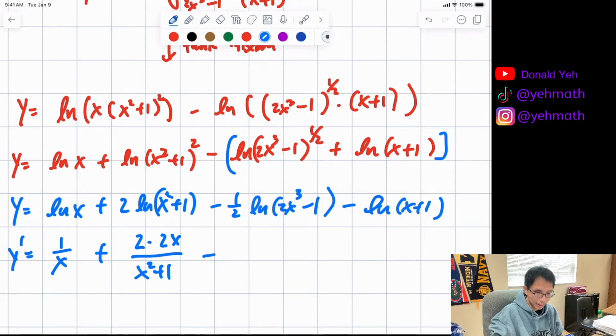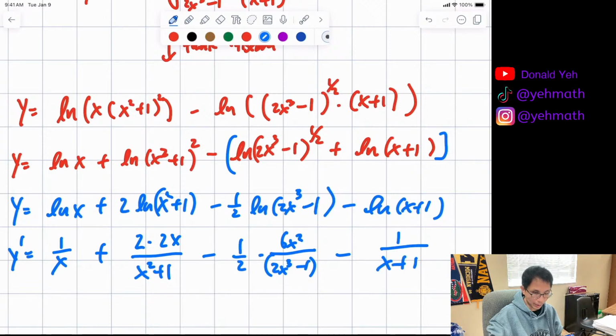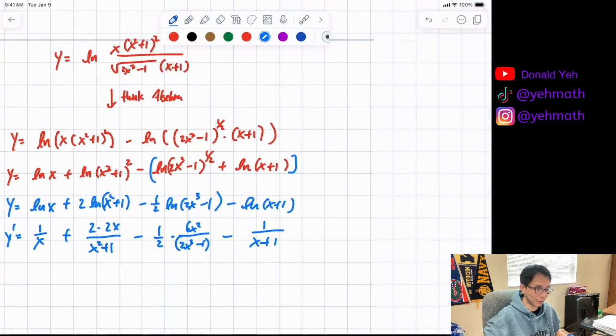Good job. Minus 1/2 times the derivative of this, which is going to be 6x squared. Minus 1 over x plus 1. I take a derivative without dealing with chain rule, product rule, and quotient rule. I got rid of them using natural log differentiation.